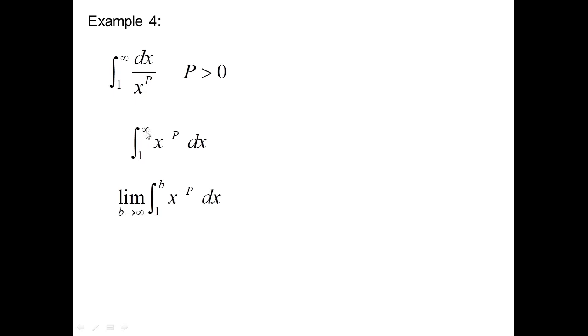Remember, it's not only when we're approaching an asymptote or someplace that makes it undefined, but also when the interval goes off to infinity. So the limit as b approaches infinity of the integral from 1 to b of x to the negative p dx.